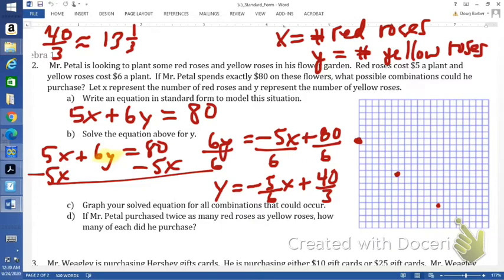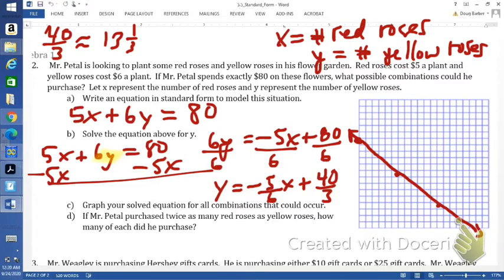And then we can connect those. Alright, so there's the graph of our equation for all combinations that could occur.